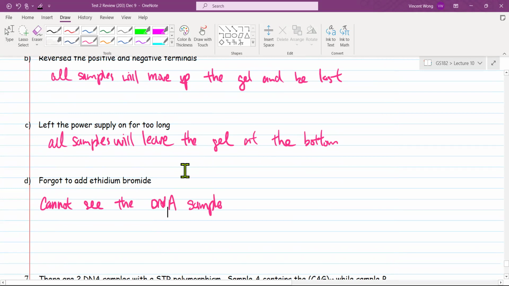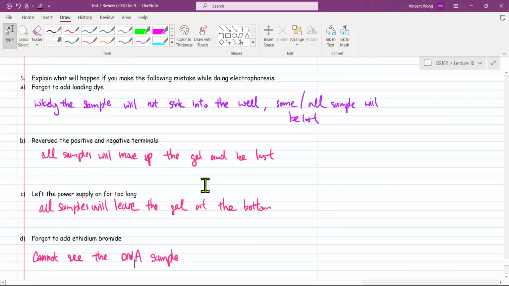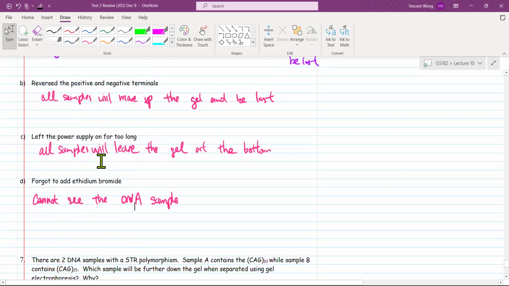Okay, so if you do the experiment and you see no band in the end, you actually don't know which one of these is the problem. Did you forget to add the dye? You will know because your gel will not have the blue line. Did you reverse the terminal? Did you leave it on for too long? Did you forget to add ethidium bromide? These are all things that could go wrong and cause you to not see any DNA band in the end.